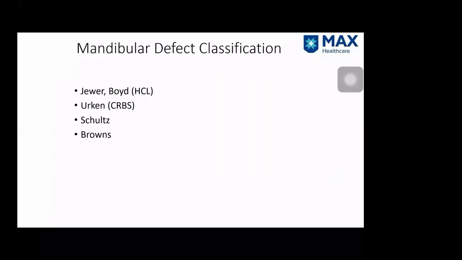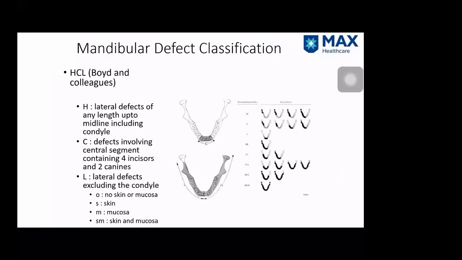Now, there are several classifications for this. Prominently known ones are by Dewar, Boyd, Urken, Schultz, and Brown. So I'll just brush through these quickly. Boyd's classification is also called the HCL classification, where the H is lateral defect of any length up to midline, including the condyle.